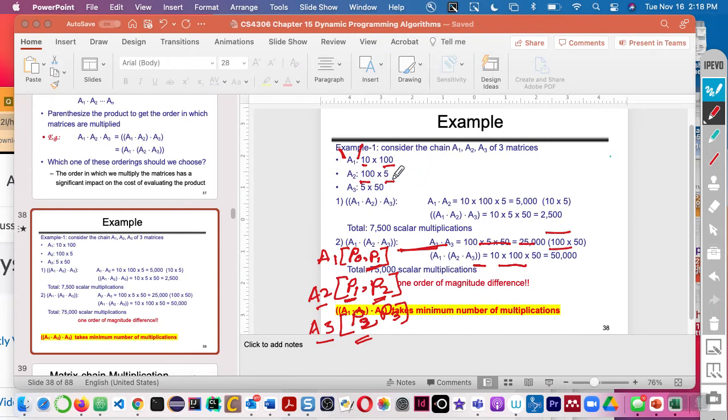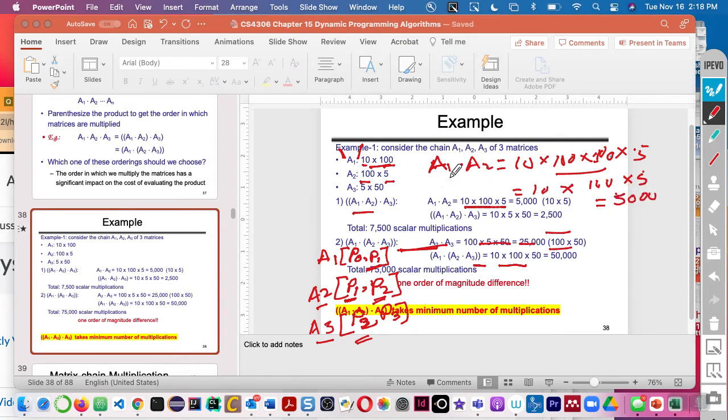Then A1 multiplied by A2, how many multiplications do we need? 10 times 100 times 5, equal to how many? 5000. 5000 multiplications will be needed to get this matrix.